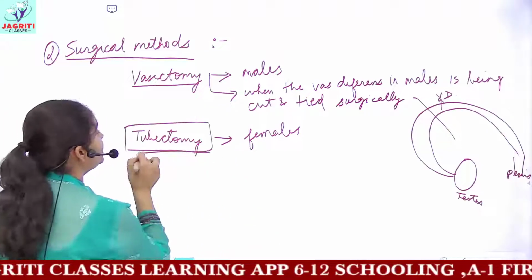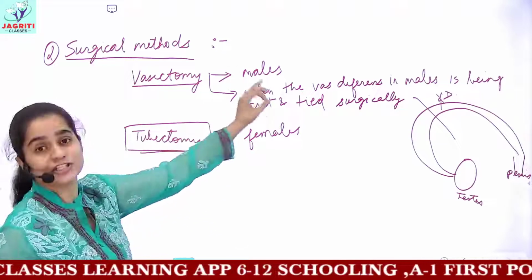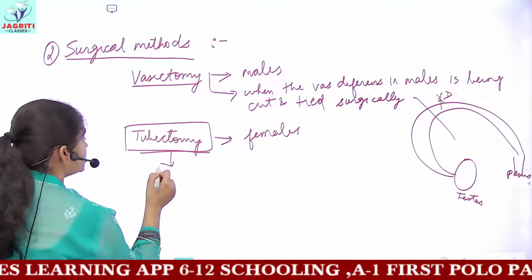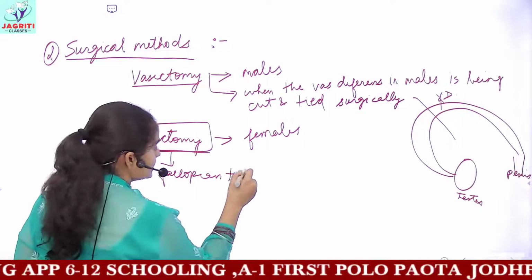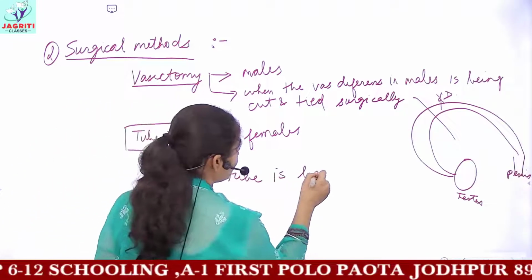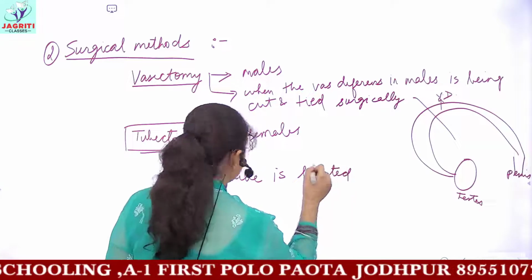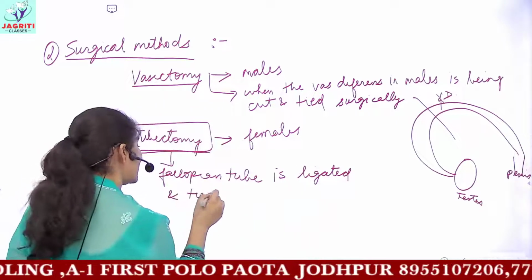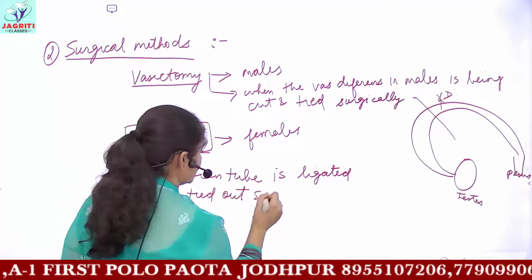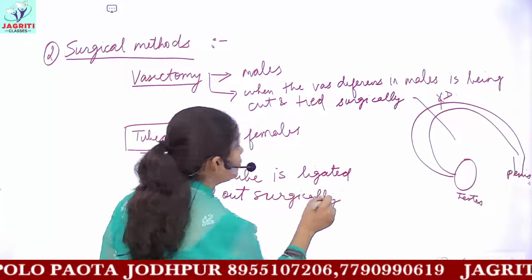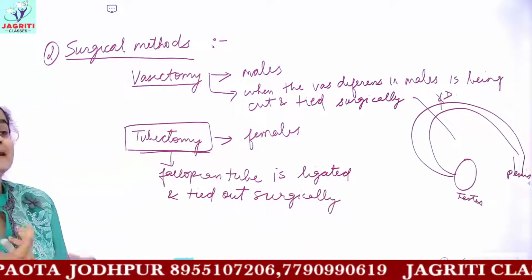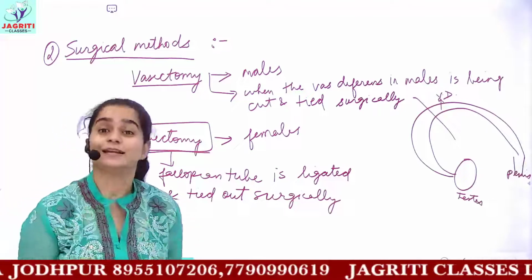And tubectomy is the same kind of surgical method in females, in which the fallopian tube is ligated and tied surgically. Okay, and the fallopian tube is a very important part for fertilization, it is the site or location for fertilization.